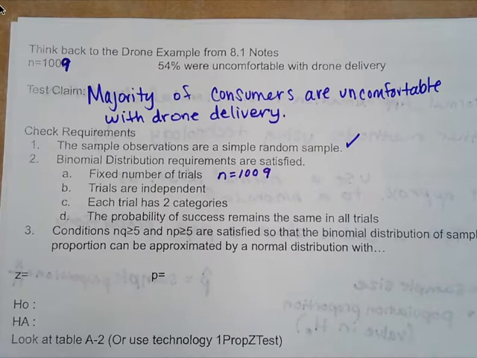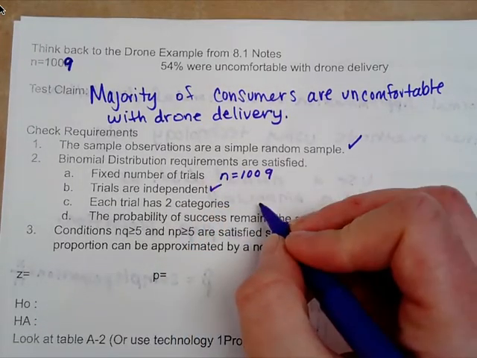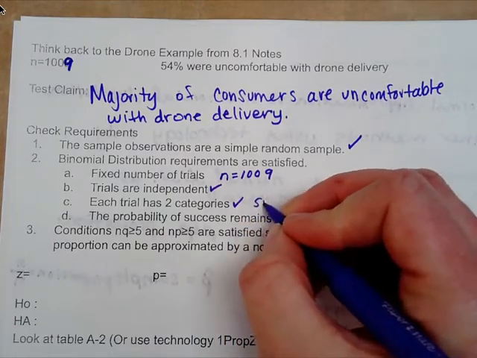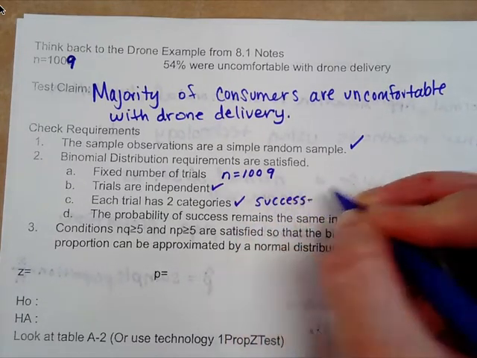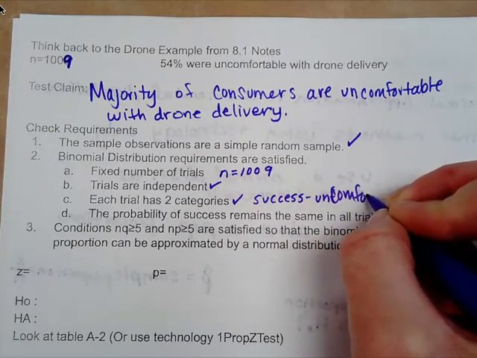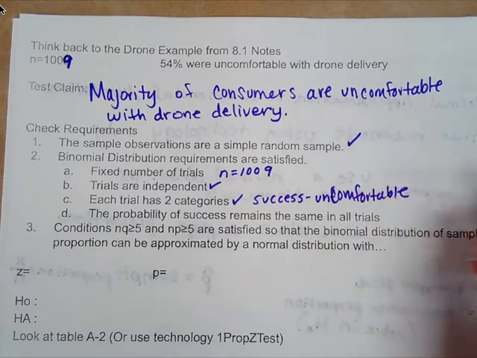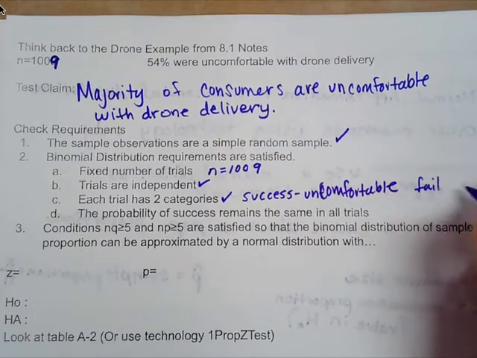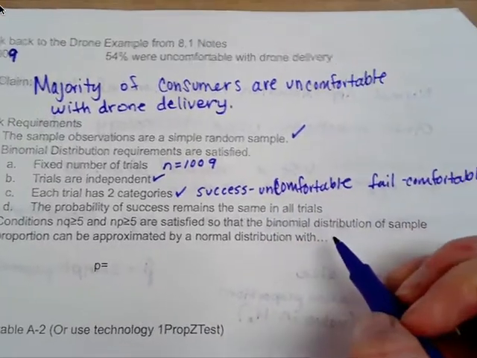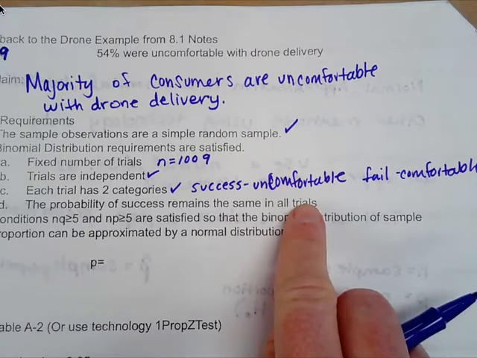If you're just asking a person, are you comfortable or not, yes or no, they're independent. Two outcomes: yes, we have either comfortable or uncomfortable. So success is considered uncomfortable, and failure is comfortable, because that's what we're testing. We're testing how many are uncomfortable. So that's considered success.